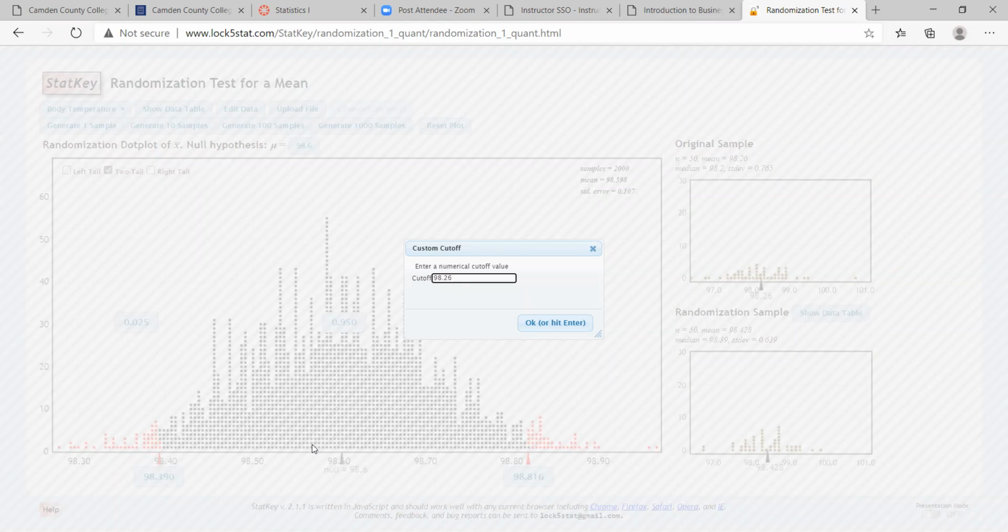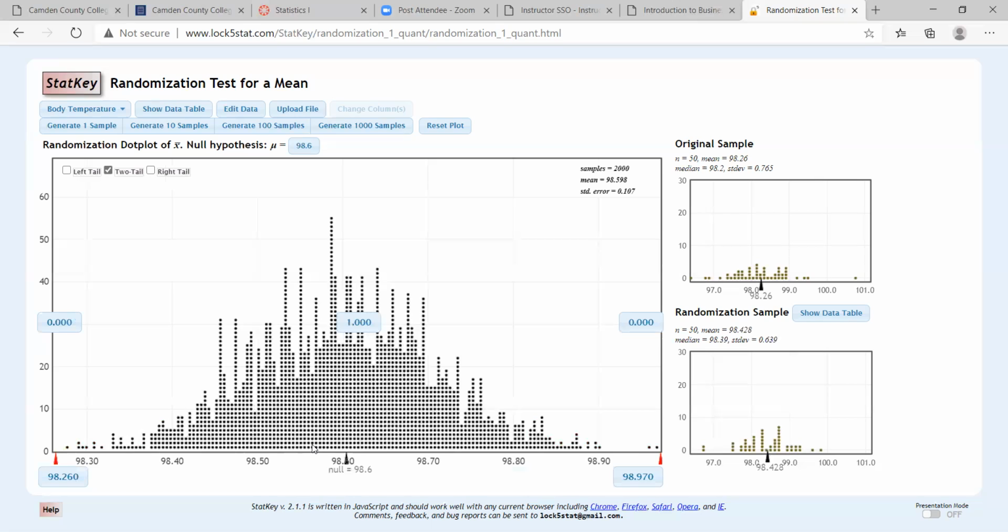I'm actually going to put the actual statistic, the sample mean, right there, because it's below, right? This number here is the area to the left of that 98.26, showing 0. This is what's called the p-value.